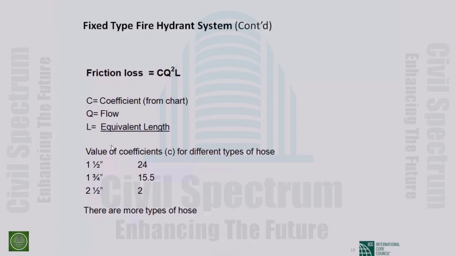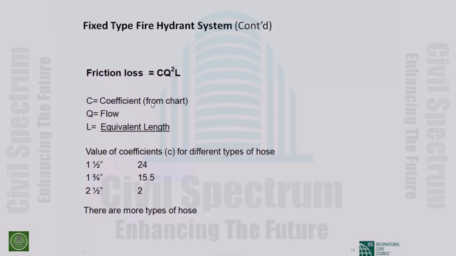So you have to sum up all these lengths: length for hose, length for pipe, length for valves, length for bends. For everything you have to calculate the equivalent length. And then you have to calculate the friction loss.